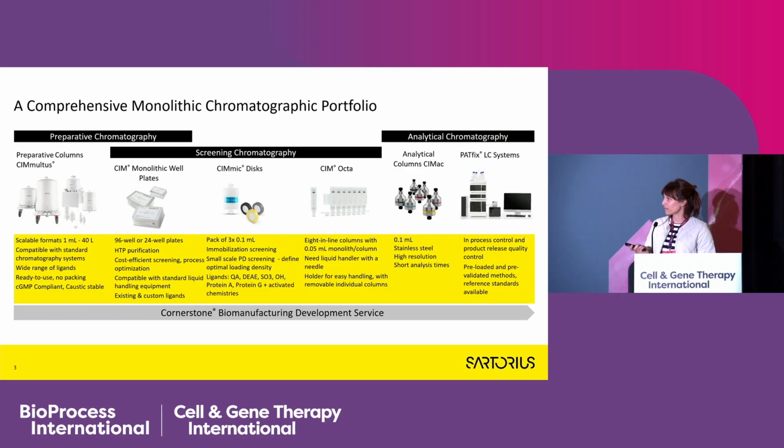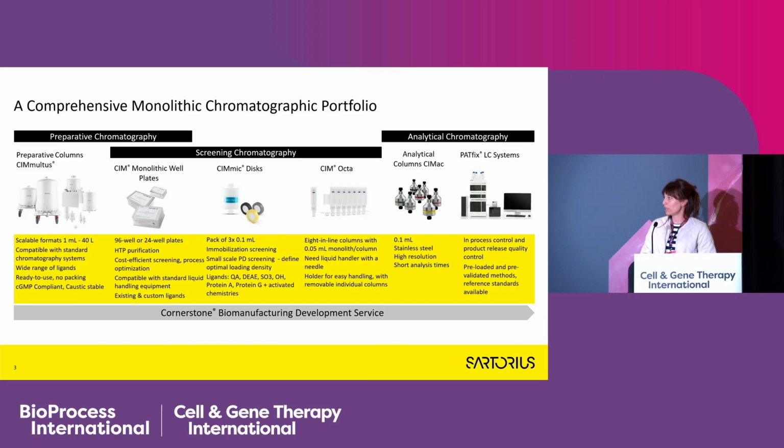On the other hand, we also offer analytical solutions. Not only analytical columns called the CIMac line, where the monolith is packed into stainless steel, offering high resolution and really short analysis time, but also PATfix liquid chromatography systems.